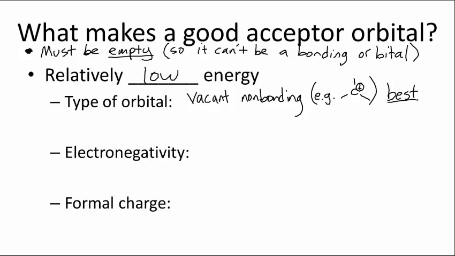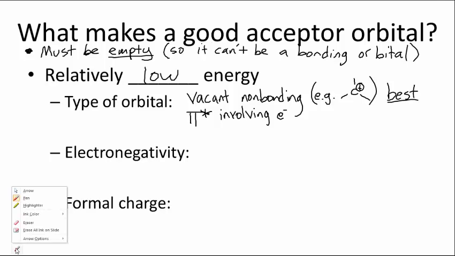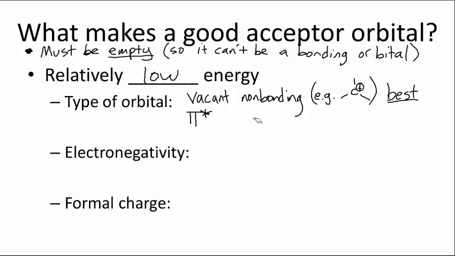Pi star, yep. Pi star, particularly when there's an electronegative atom. Well, I'll talk about electronegativity next, so I guess I'll just say pi star is good. And then sigma star is okay.